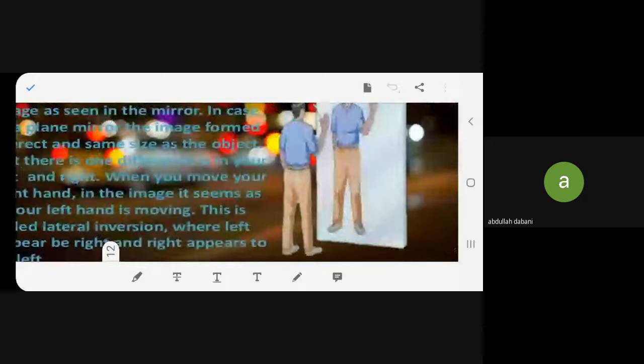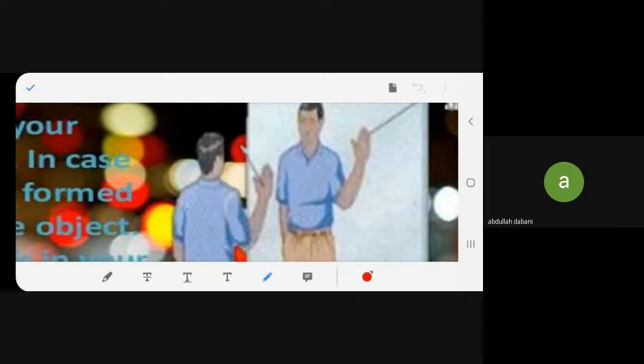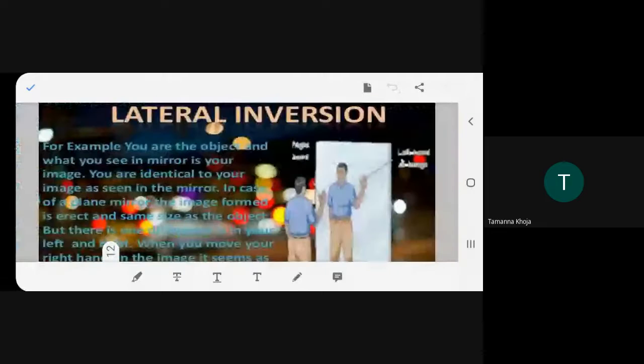Now look over here. This is the right hand. Yes or no, beta? So this becomes the left hand in the image. Any problem understanding? Did you understand or not? All of you? All ten of you, beta? Girls, all of you understood, beta? Yes, ma'am. Okay.